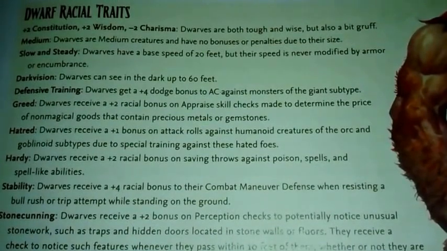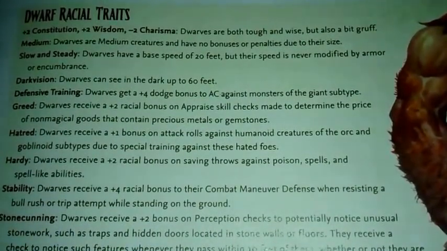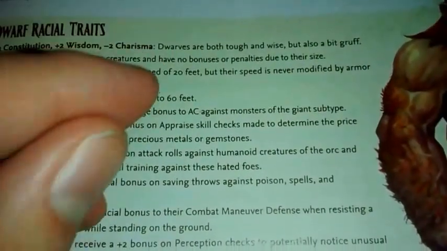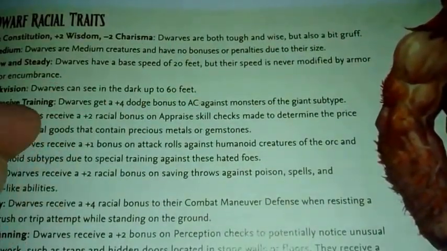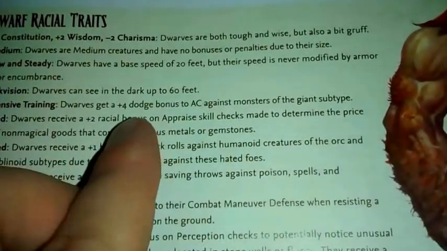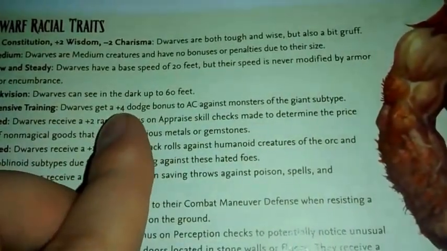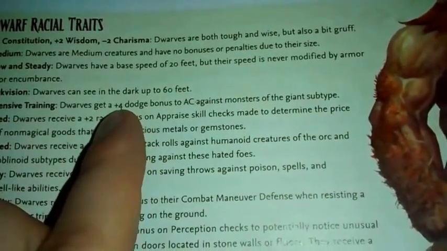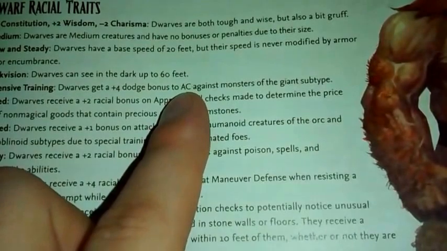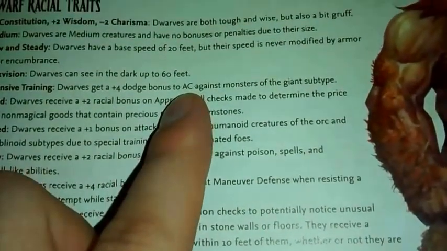When abbreviating, there are a couple of things you want to look at. First thing is the number that the stat is being abbreviated by. So in the case of defensive training, it's going to be +4. The second thing you want to look at is what's being modified. In this case, AC is being modified. AC represents armor class, by the way.